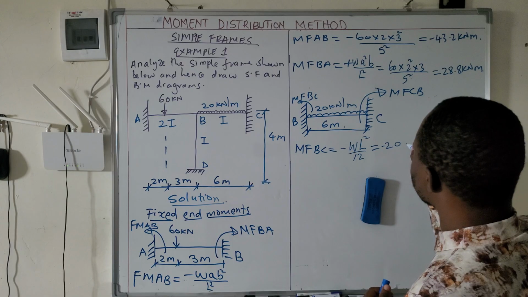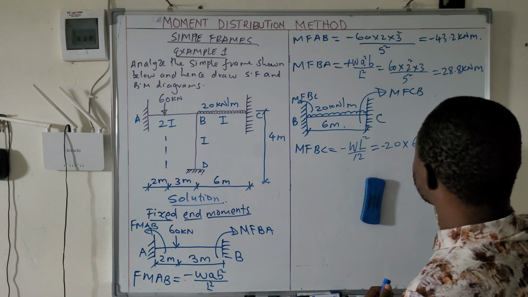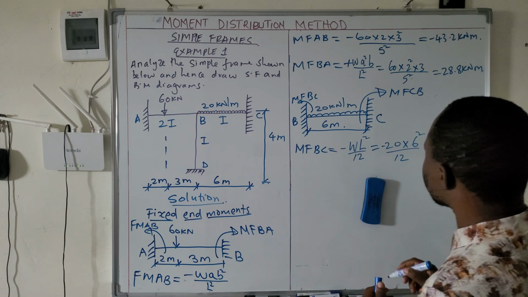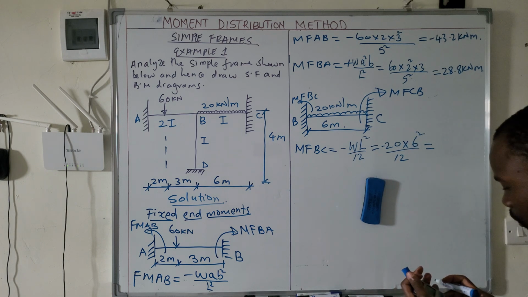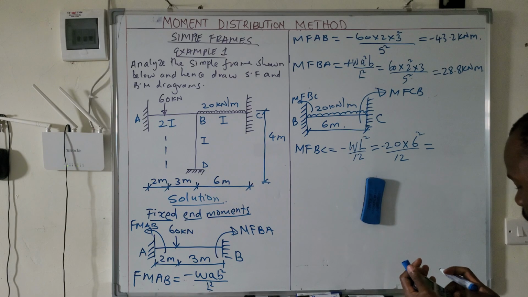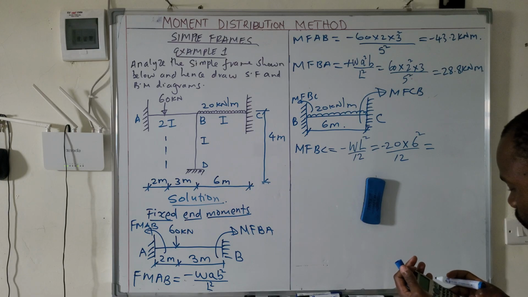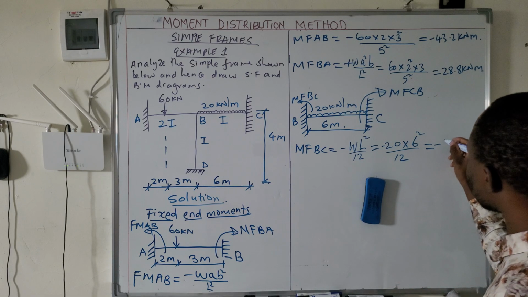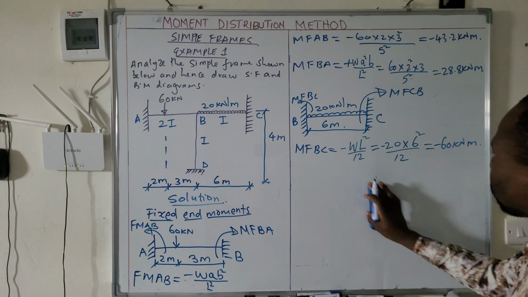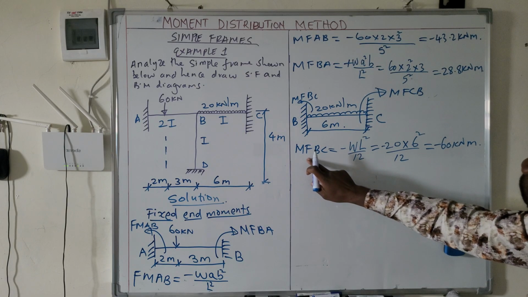Remember to put negative, times 6 square over 12. So the answer is negative 20 times 6 square over 12. The answer is negative 60 kilonewton meter. So we are done with fixing moment BC.